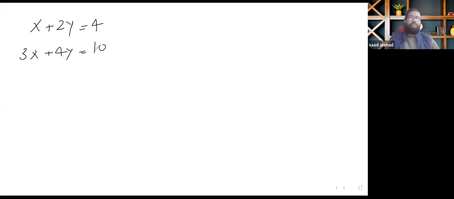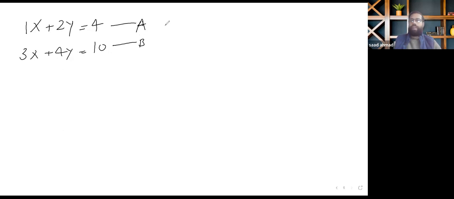So in the elimination method, we want to eliminate one of the variables by either adding or subtracting the equations. We can multiply any equation by any number on both sides. It does not affect the equation. So let's say the coefficient of x is 1, right? And the coefficient of y is 2.